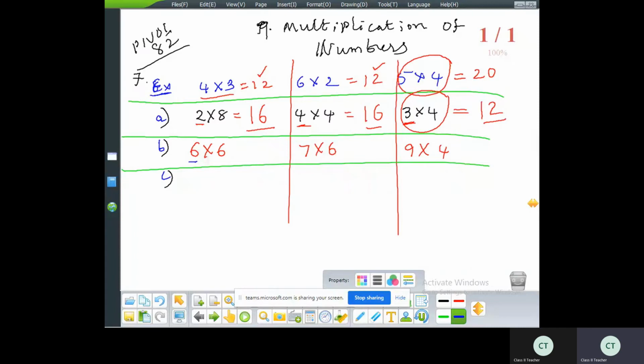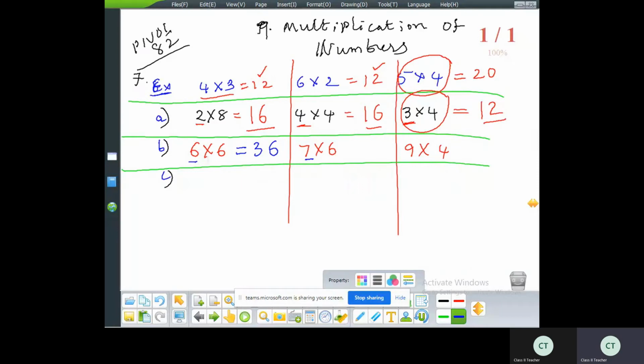Now read 6 table. 6 ones are 6, 6 twos are 12, 6 threes are 18, 6 fours are 24, 6 fives are 30, 6 sixes are 36. Now we got the product of 6 and 6 is 36. Next, 7 into 6, 7 is multiplied by 6, 7 times of 6.